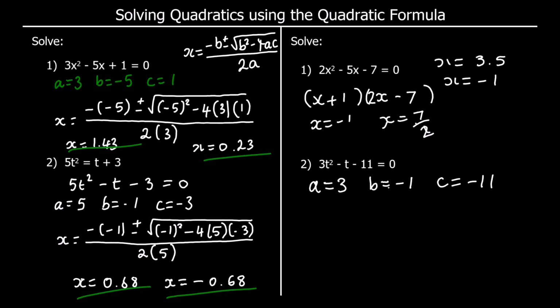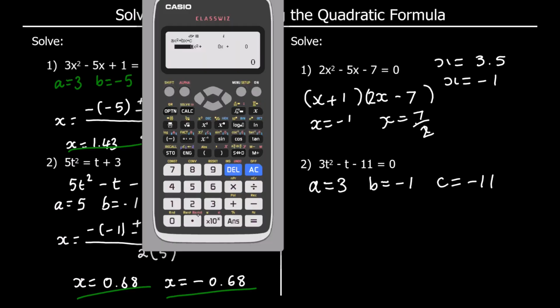So x is negative 1 plus or minus the square root of negative 1 squared minus 4 times 3 times negative 11, all over 2 times 3. So we should get the first answer of 2.09 and the second answer of negative 1.76.